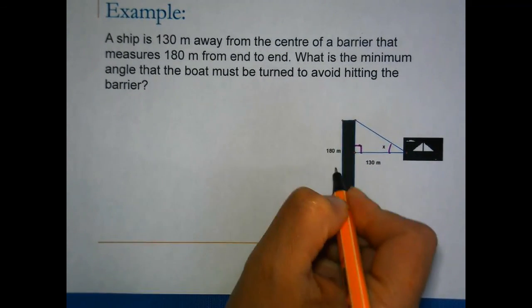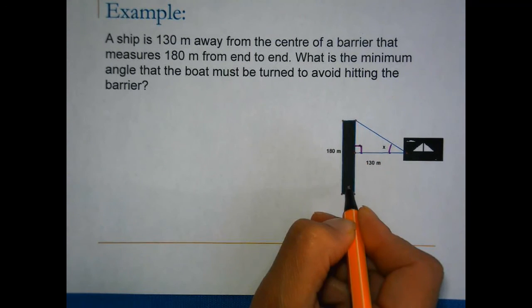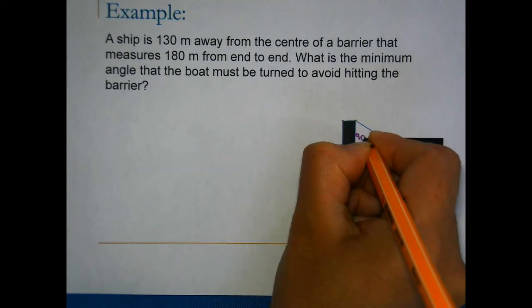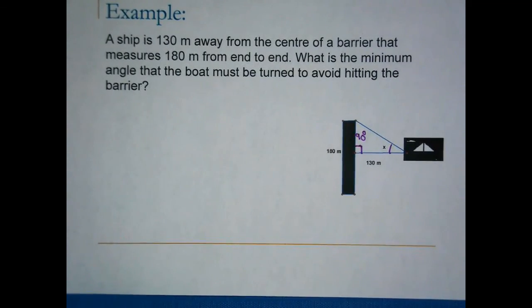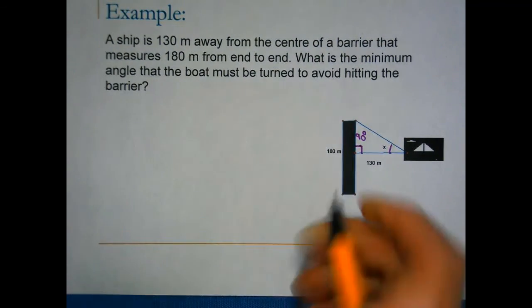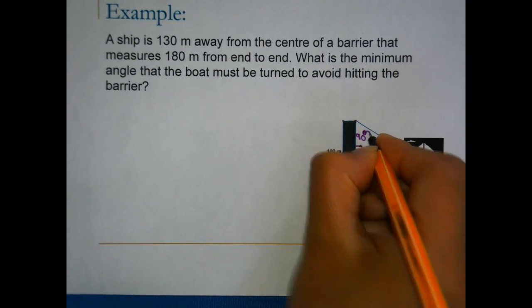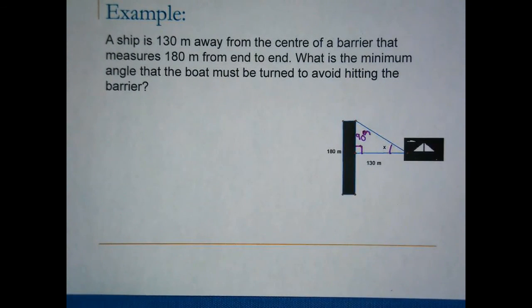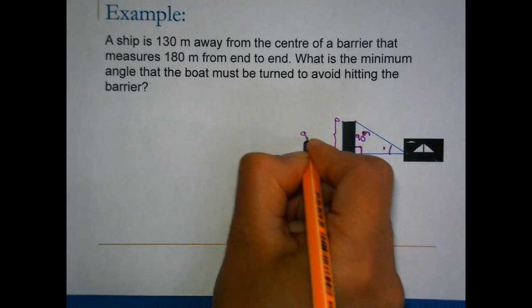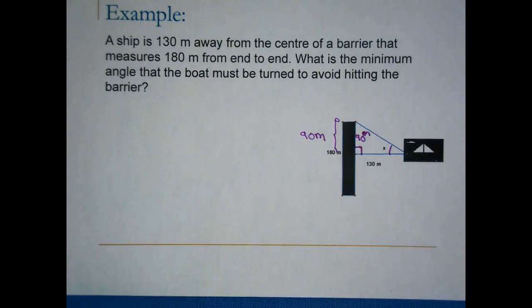If this whole barrier is 180, this is going to be 90 meters because it's half of it. It is half of this, so 90, not degrees, but meters.